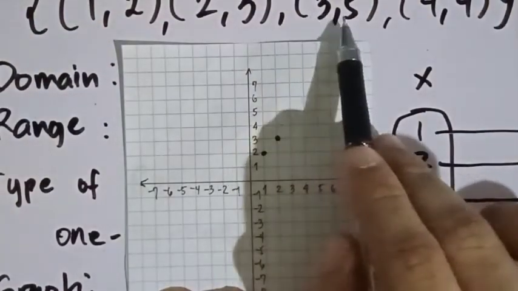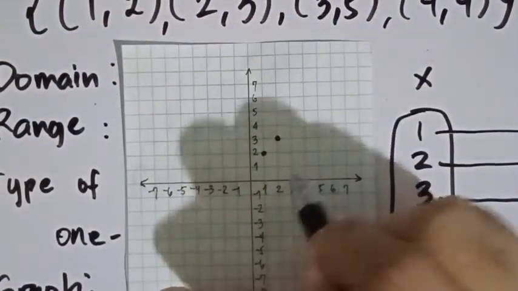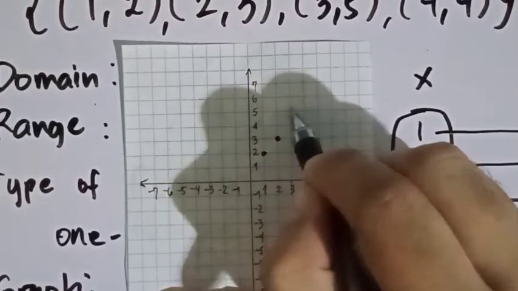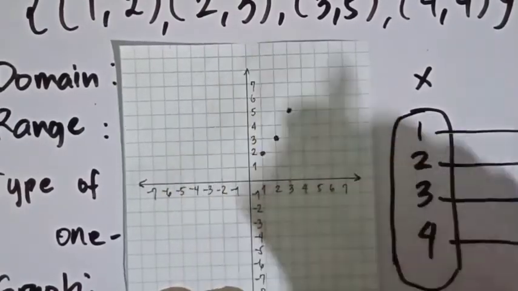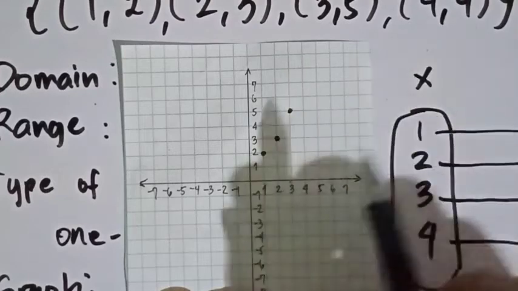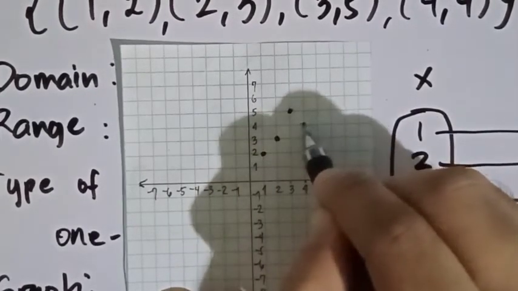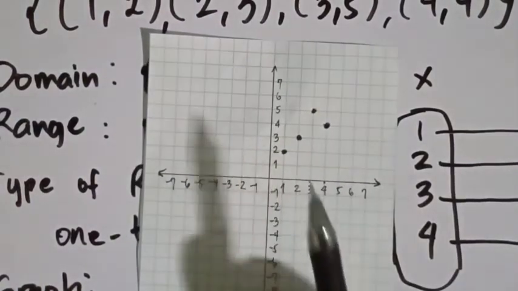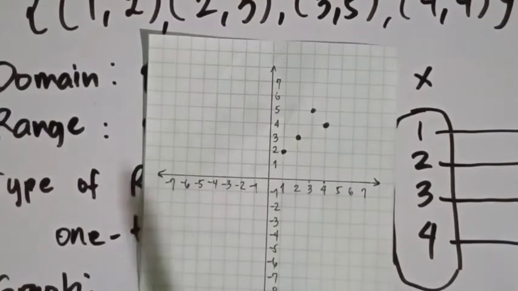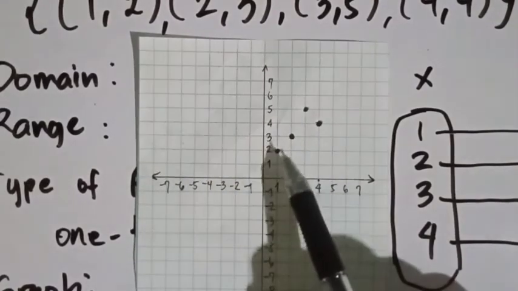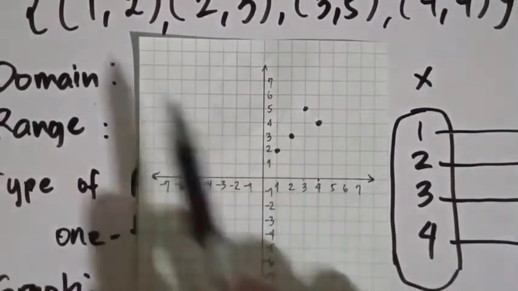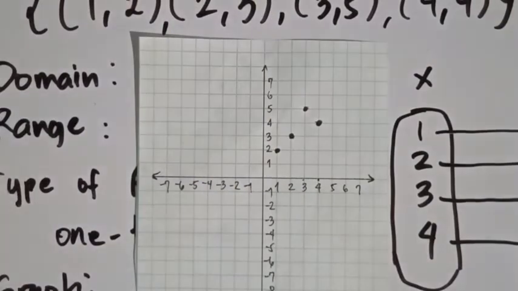Tapos, sa (3, 5) naman, 3 sa x at 5 naman sa y. Ayan. And lastly, (4, 4). 4 sa x at 4 naman sa y. So, this is the relation in graph form. Okay? So, ayan po lahat ng points na nagko-correspond sa ordered pairs nito.